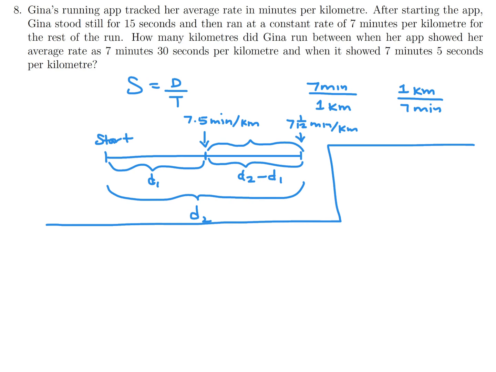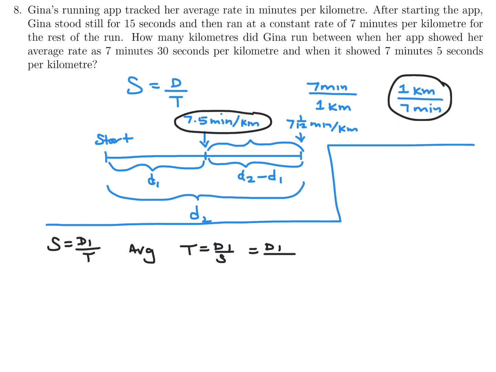Let's do this. Okay, so speed is equal to, for the first guy, D1 over time. So let's see here, the average, and then time would be d1 over s, right? So d1 over speed. Now the speed, I've got to convert it into kilometers per minute, but I've got to use this number, so 7.5.